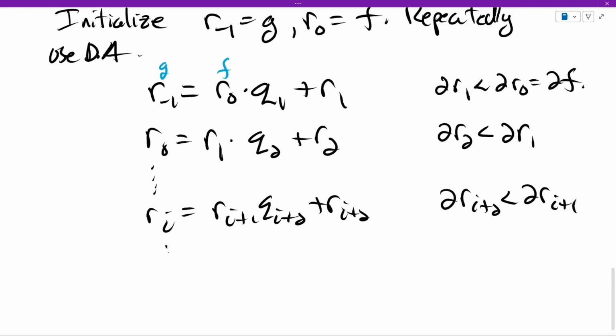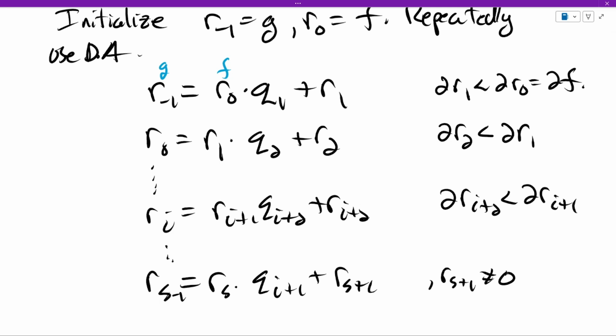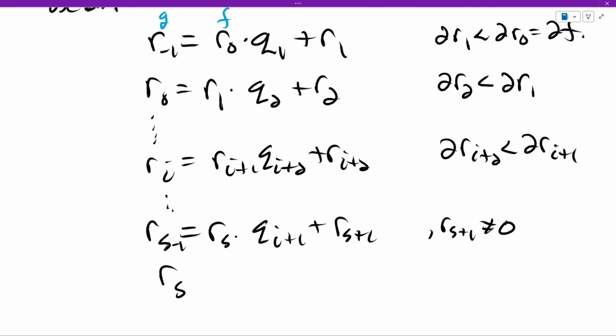And eventually you're going to get to a point where r_{s-1} is r_s times q_{s+1} plus r_{s+1}, where r_{s+1} is not 0. But when you divide one more time, you get 0.